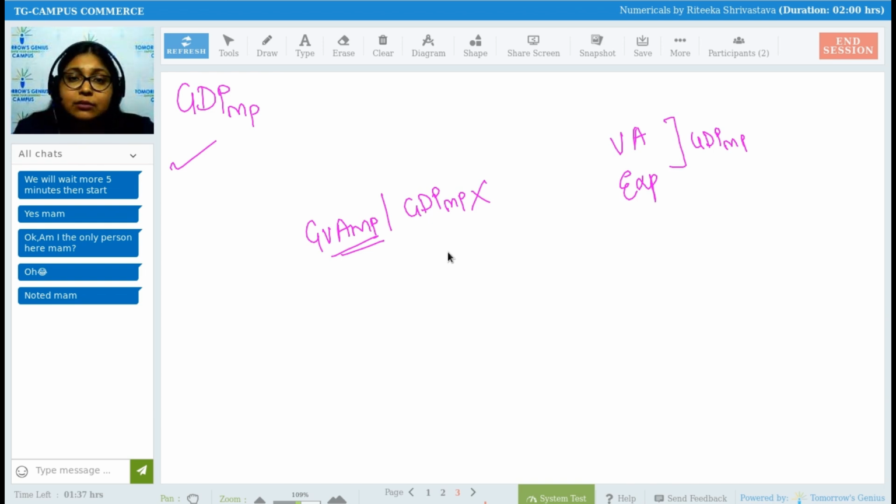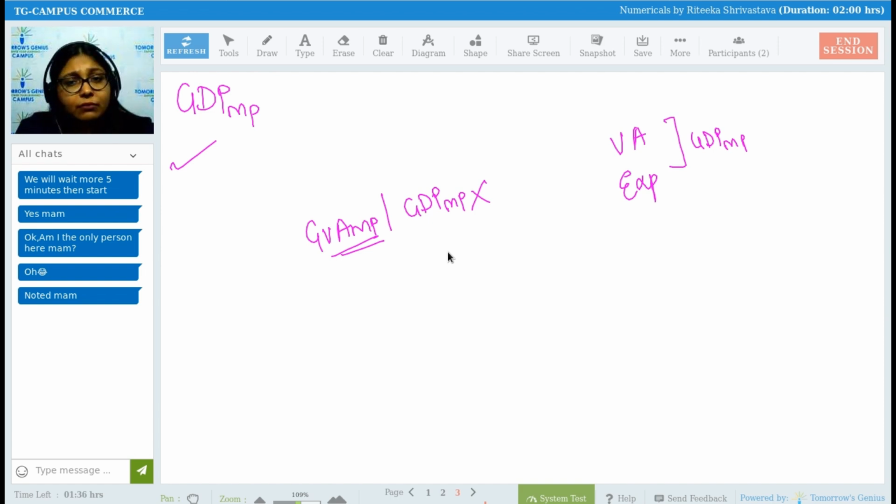But if at all you feel that there is even a 1% chance that you might get confused between value added and expenditure method GDP, GVA, then I would highly recommend that while solving the value added method, you make a practice that you always consider the aggregate as GVAMP, and for the expenditure method you make a habit of GDPMP. For expenditure, no issues, no worries, because there is only one aggregate, you don't have any other alternative option.